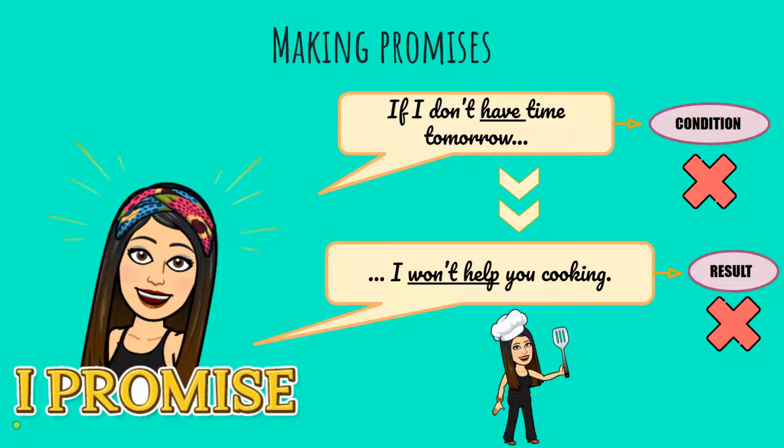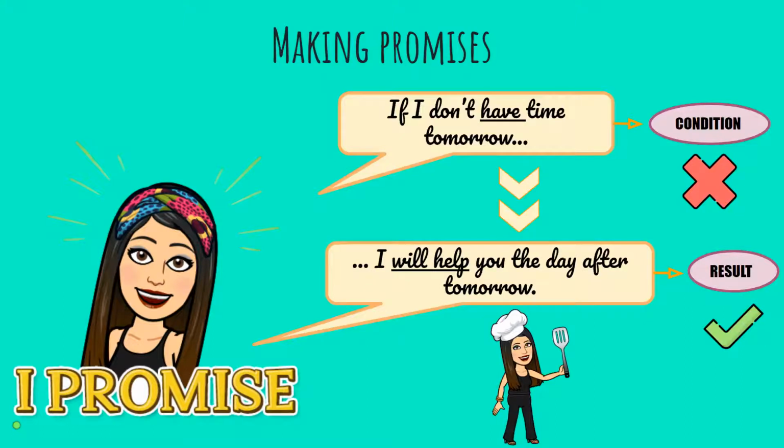Maybe because I will have to work. But I can make my promise and also say, if I don't have time tomorrow, negative condition, I will help you the day after tomorrow, positive result. So as you can see, we can express the same idea or the same message with different words.